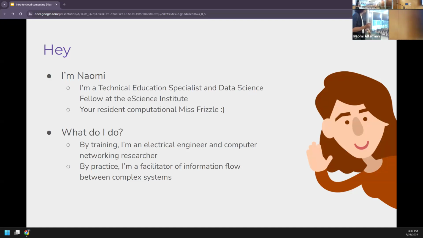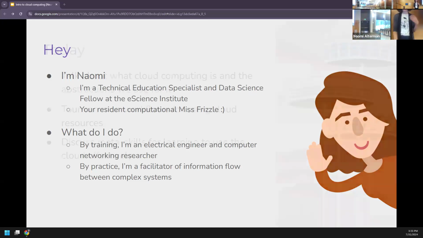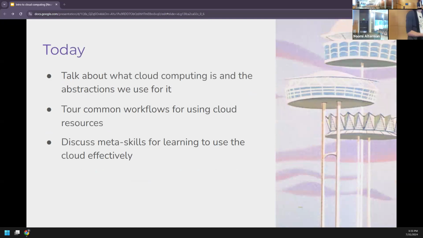I like thinking about the ways that information gets serialized into a bunch of symbols, sent somewhere else, and then expanded back into meaning. And so today, we are going to be talking about how to use cloud computing.